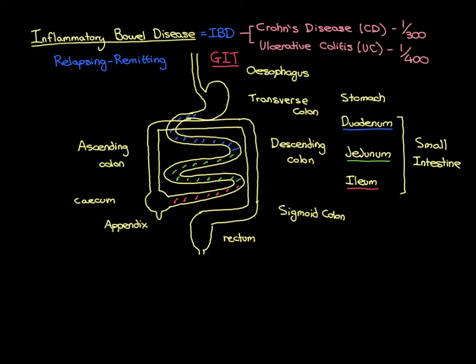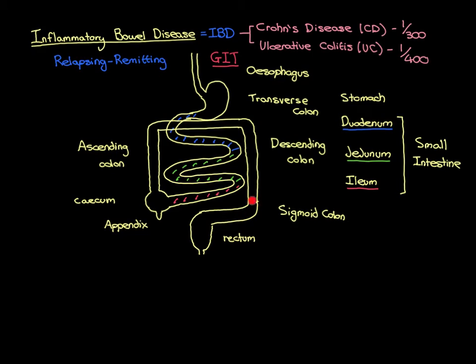Okay, so why did I draw this? Because I wanted to show you the different parts that can be affected by these different types of inflammatory bowel disease. So we'll start with ulcerative colitis, because ulcerative colitis affects a smaller part of the gastrointestinal tract. Ulcerative colitis nearly always affects the rectum. So the rectum's nearly always affected in ulcerative colitis, and then it can work its way backwards from the rectum and affect all of the colon.